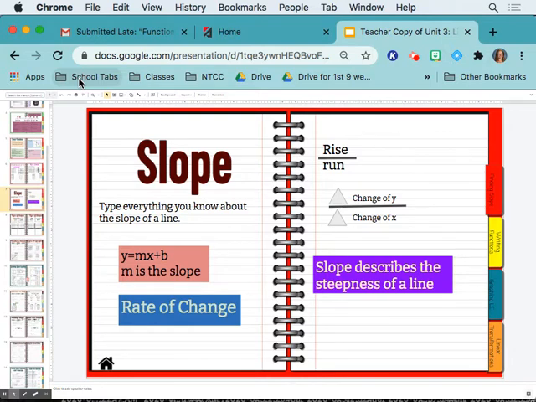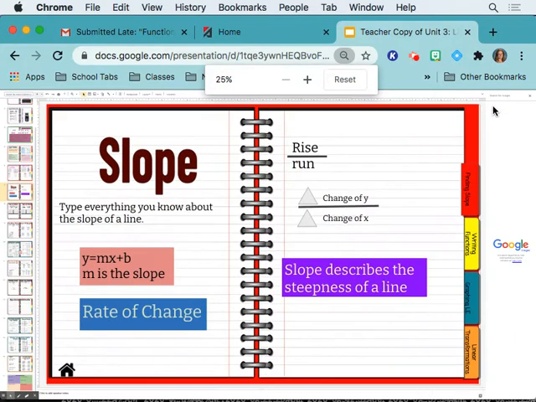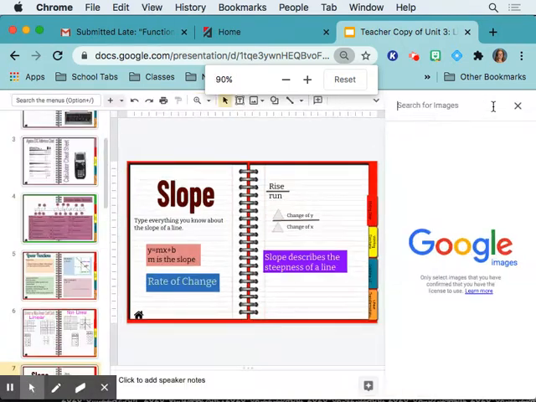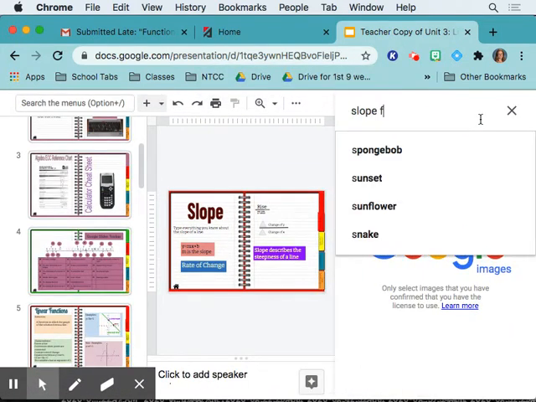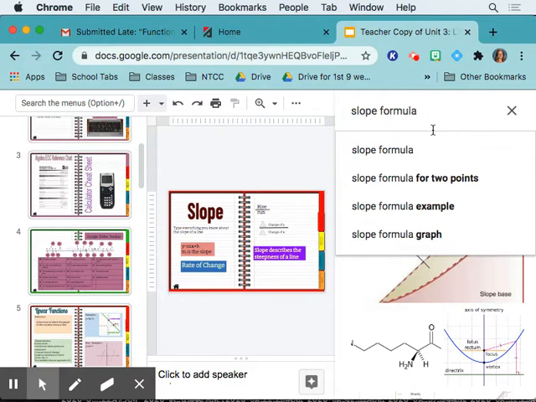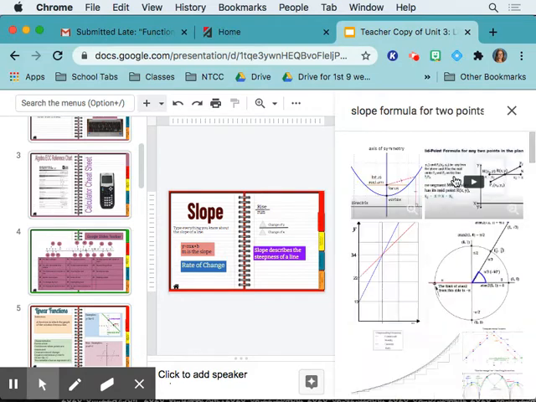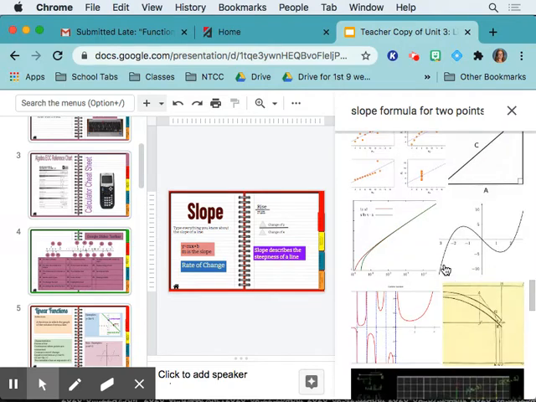Okay, we're going to do one more thing on here. We are going to search for an image by the web, and we are going to search for slope formula. So the formula for 2 points. Well, let's see if we can come up with, why is there not any good?